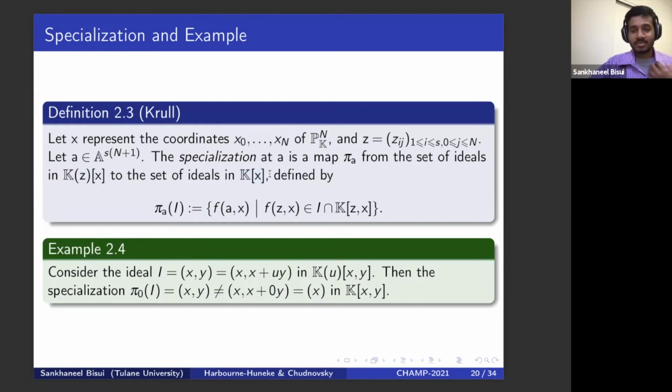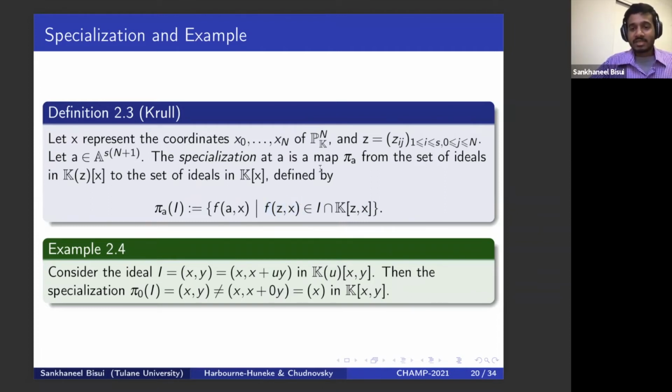How does this specialization map work? We pick the ideal from the bigger ring, then we look at all those elements which don't have any denominator in terms of Z. So they look like I intersected with the polynomial ring K[Z,X]. Then we evaluate the element a at those values for the Z coordinates.